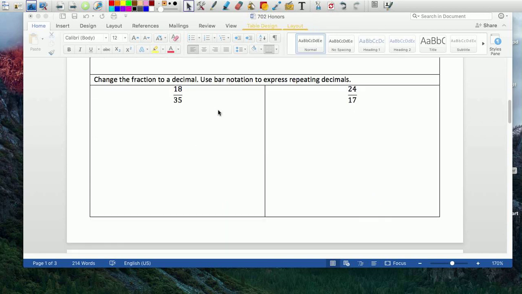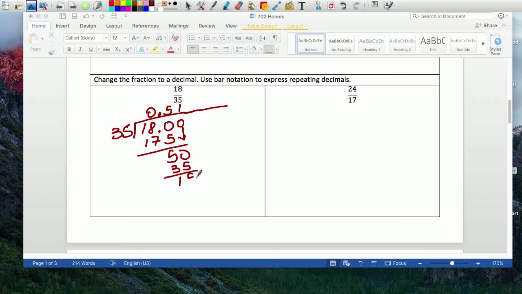This is just simple division. Okay. 18 divided by 35. Do I actually have to do this? Yes, I do. So add a decimal, 0. 70, 140, 4 times 140, so I'm going to say 5 times. 5 times 5 is 25, 17. Subtract, add a 0, come down. 1 time 35. 15 left over.